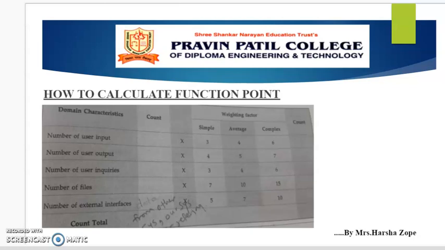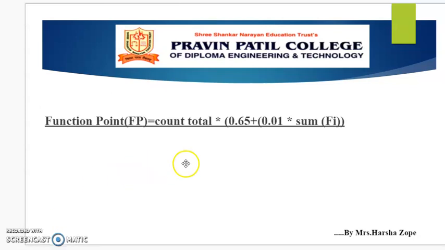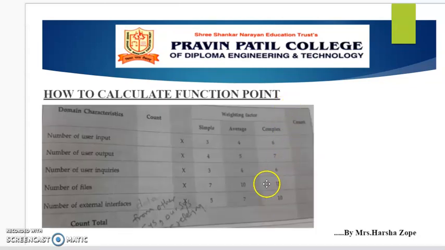Next, you can see the formula to calculate the function point. Function point equals count total. Here you can see the count total, and with that help you can find out the value of the function point.